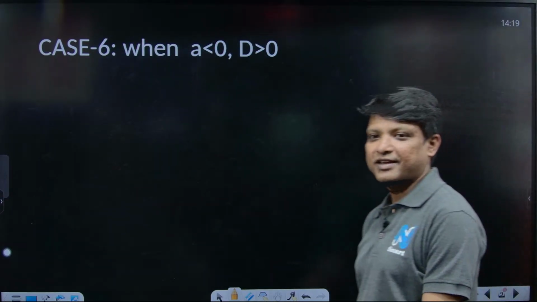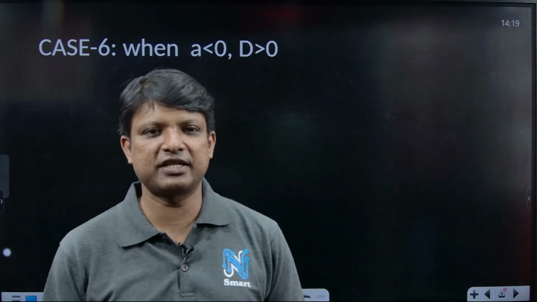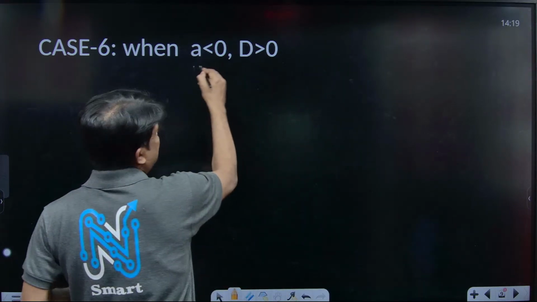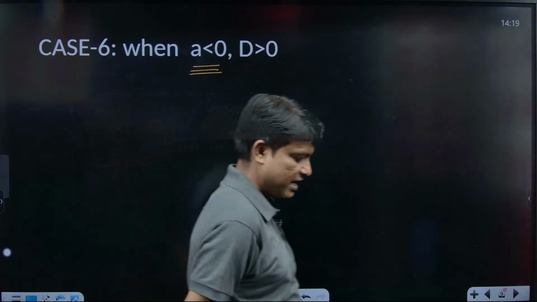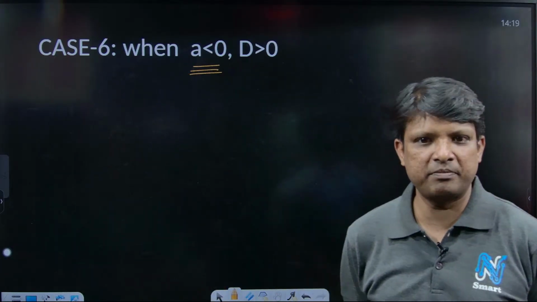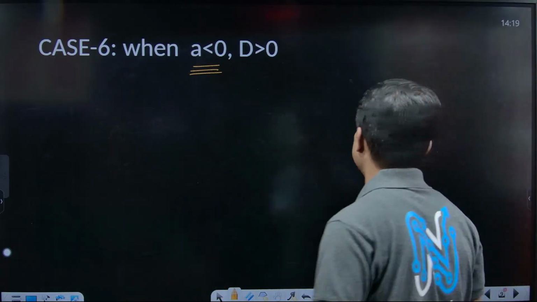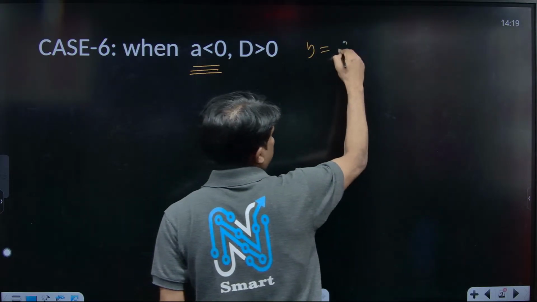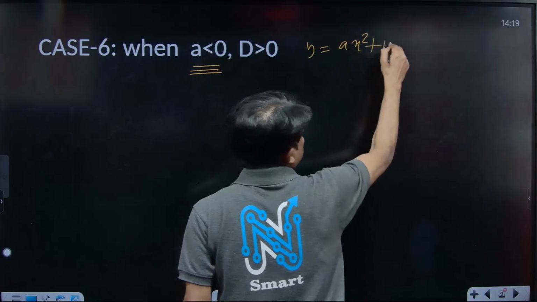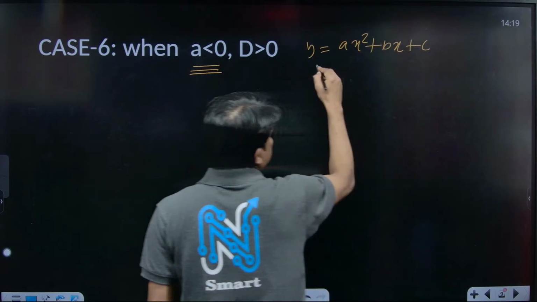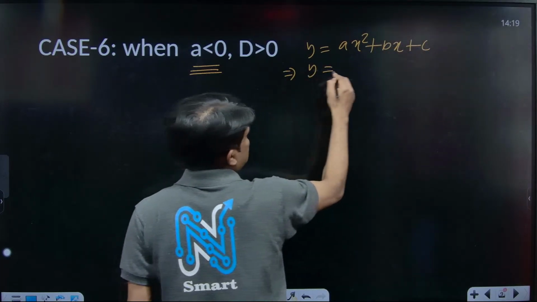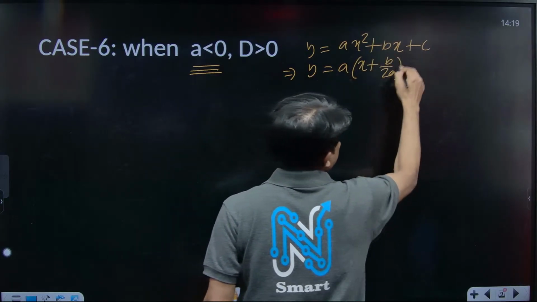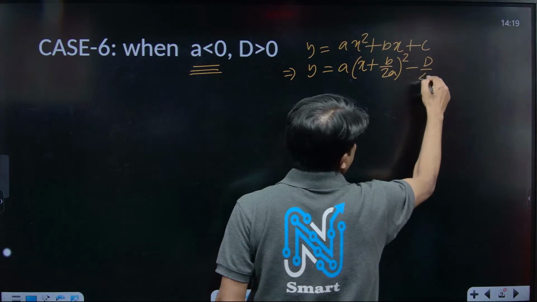Next, when a is negative and D is strictly positive, that confirms a downward parabola and D strictly positive, so both roots are real and distinct. Expression y equals ax square plus bx plus c means y equals a into x plus b by 2a whole square minus discriminant by 4a.